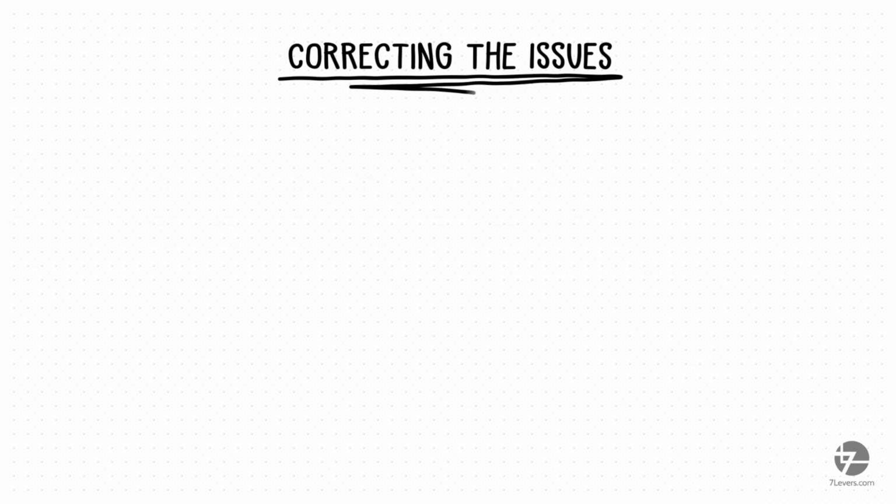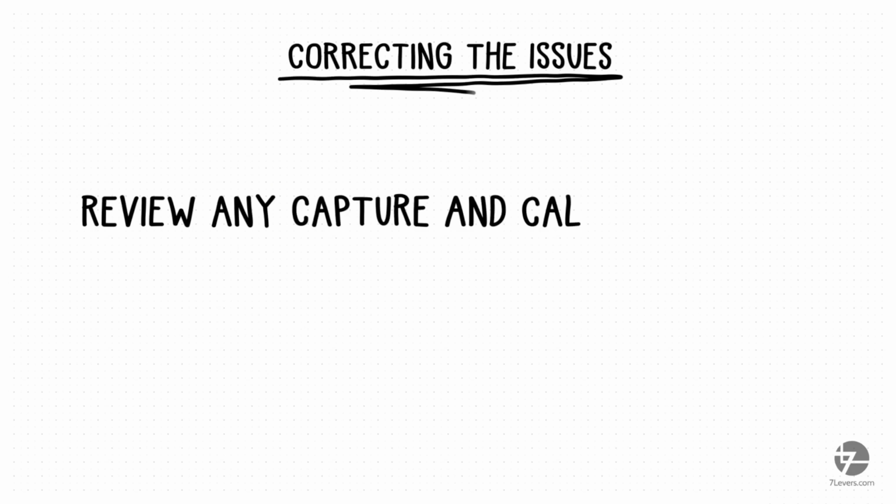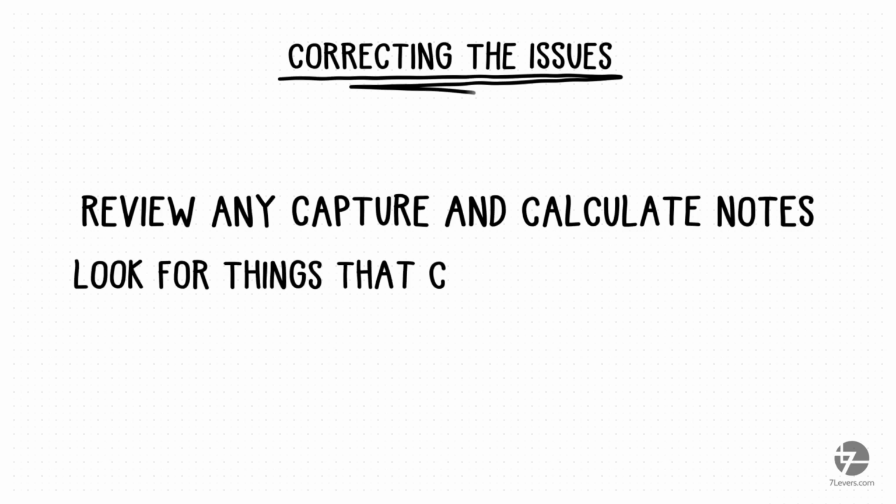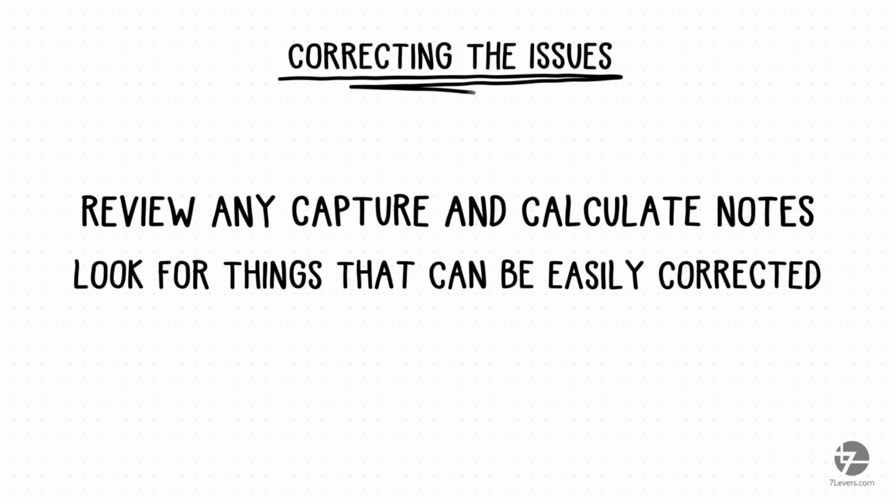Now, the first part of that is to review any notes that we made while we were going through the capture and calculate phases. As we were capturing our current actions for each of our 7 levers and calculating the values, we should have been on the lookout for any issues or any gaps or anything that was broken or missing as we were doing each of those phases.